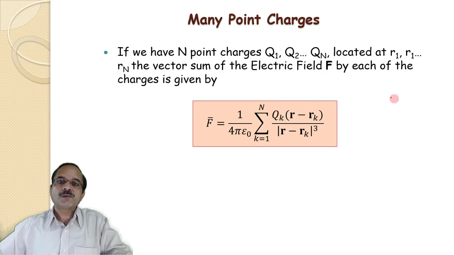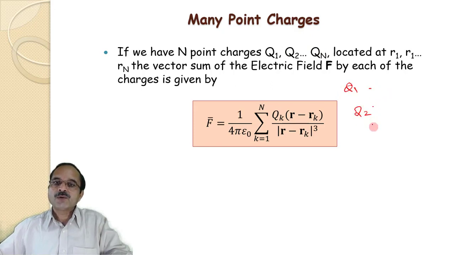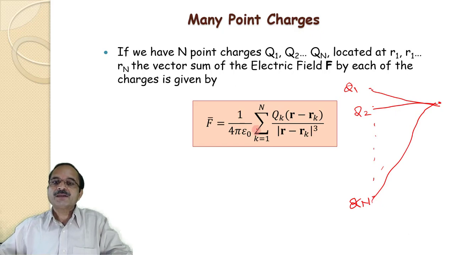If I want to find out the force at this point, I will add all these forces because of Q1, Q2, Q3 and so on. That gives me this summation.